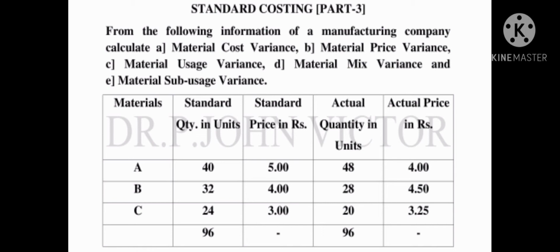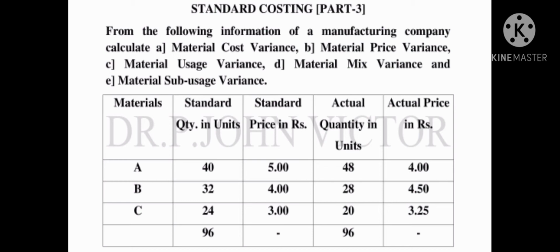By using the data given below, we have to calculate the 5 models of material variance. The materials are A, B, C, and the standard quantity in units is given as 40 for A, 32, 24.